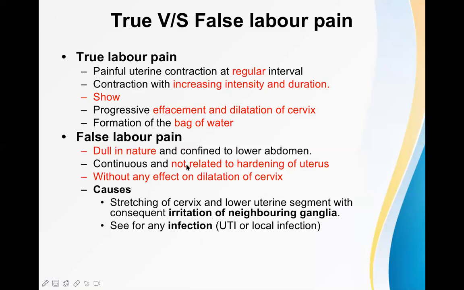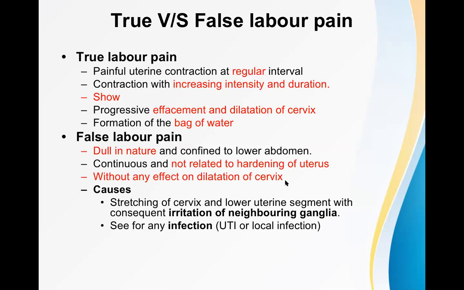Another important point, when you put your hand on the anterior abdominal wall of that lady, you will not feel any hardening of the uterus because it is not associated with contraction of the uterus. This is false labor pain. Third one, it doesn't have any effect on the effacement and dilatation of the cervix, and that is confirmed by per vaginal examination. You don't feel the cervix is dilating anymore.